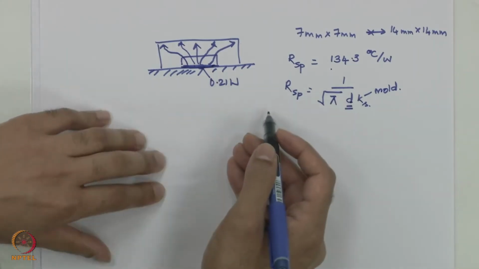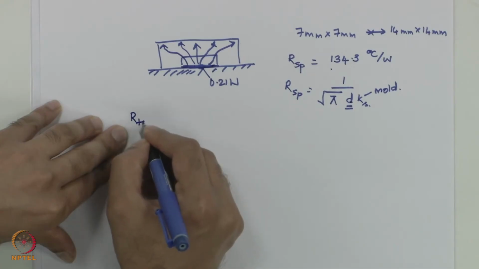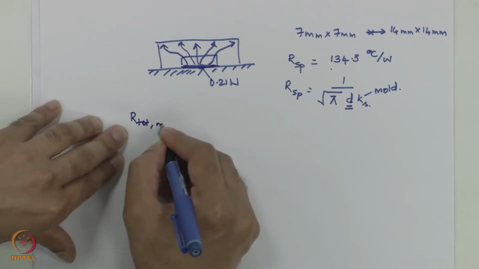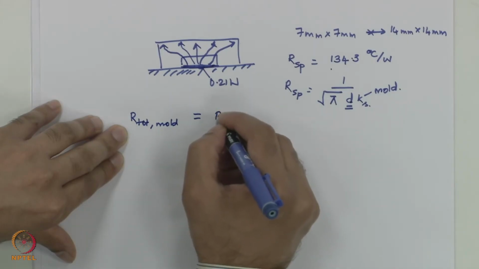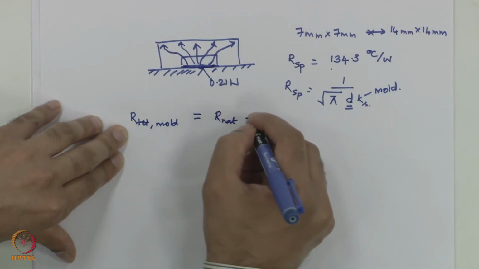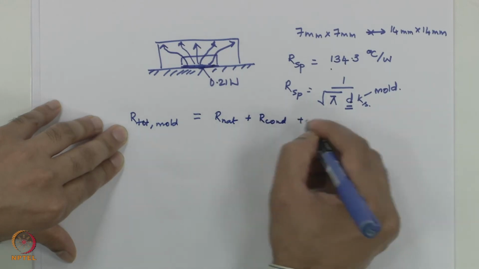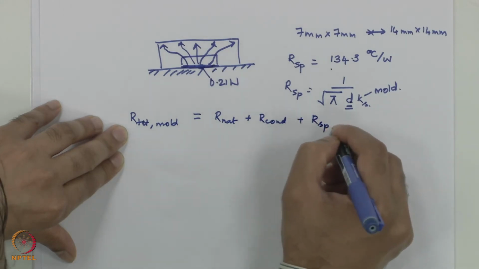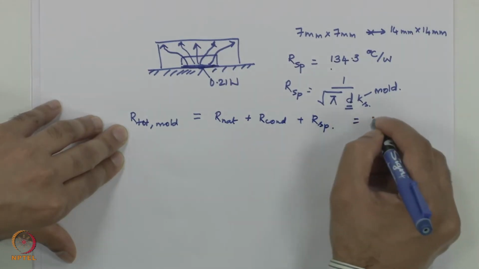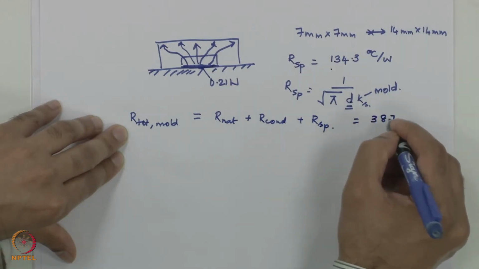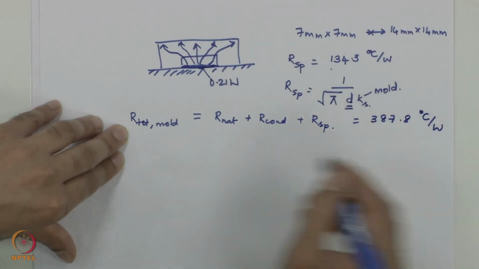resistance. So, if I add all the resistances for this case of mold, resistance total for mold, which is nothing but R natural convection from the top plus R conduction at the base plus R spreading resistance. Then I have a total resistance of 387.8 degrees C per watt.